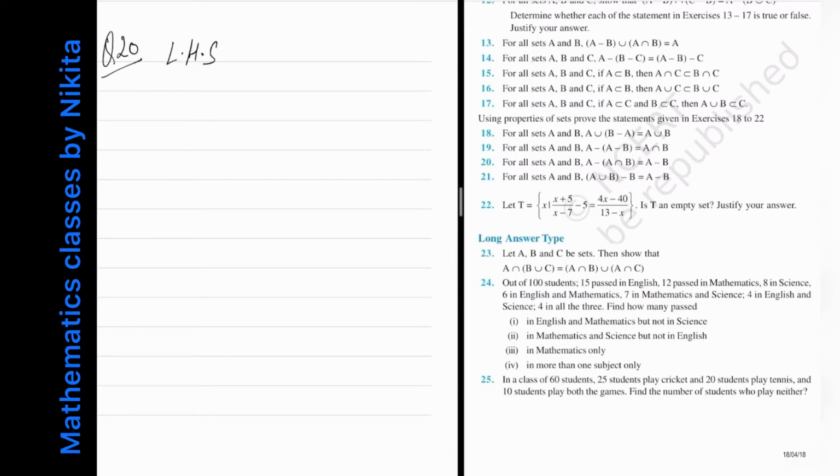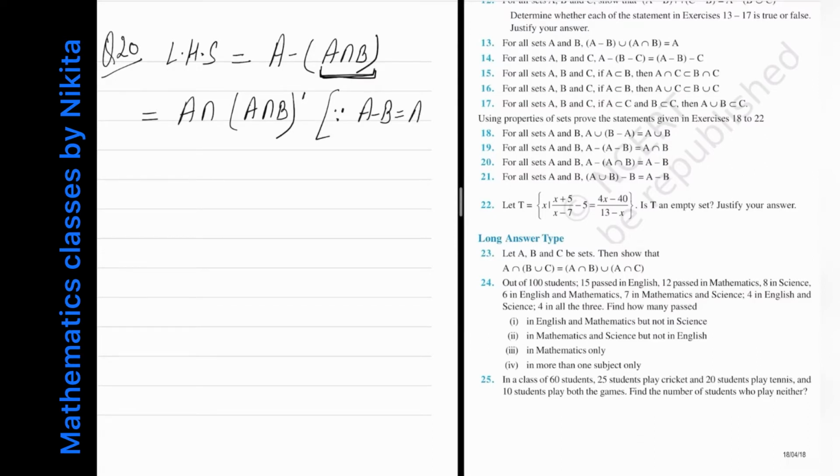LHS is given to be A minus (A intersection B), and you have to prove that this is equal to A minus B. First of all, you can regard this as the whole set, some set. So A minus this set will be equal to A intersection (A intersection B) whole complement. The reason is that A minus B is equal to A intersection B complement. So I have used this property.